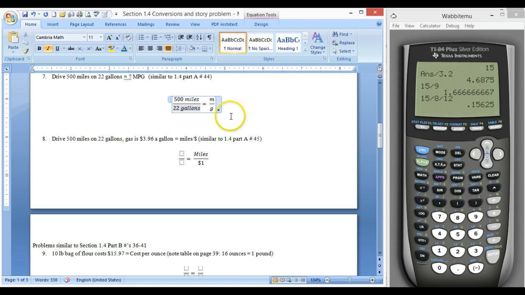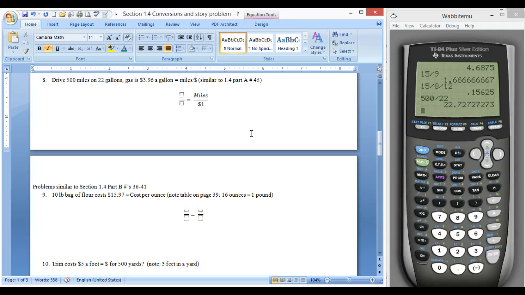I don't need to convert anything, just simplify. So 500 divided by 22 gives me 22.7, oops, over button, there we go, 22.7 miles per gallon. That one was pretty straightforward.